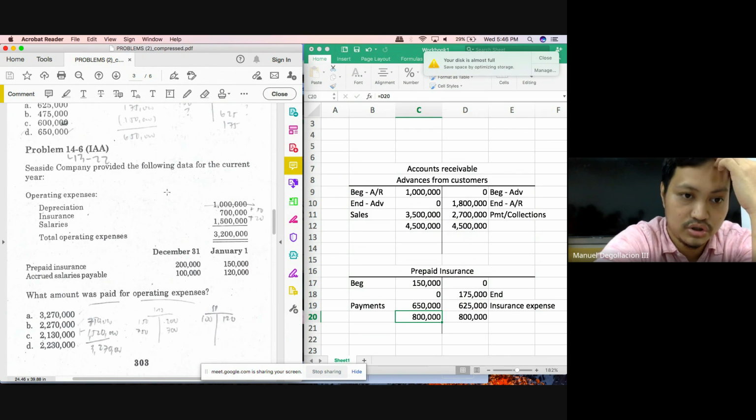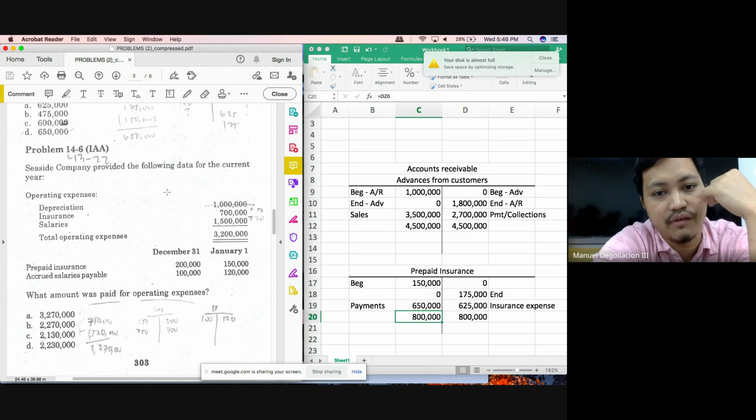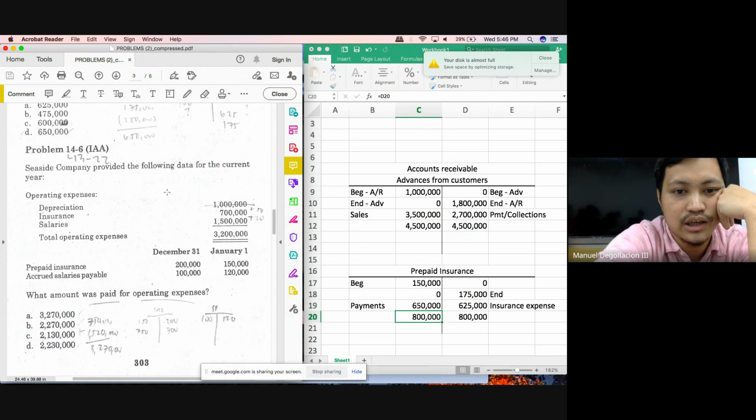How much? 20,000. So you add the 20,000. So 1,500,000 plus 20,000... do you get the 750, class? 750 plus 1,500,000, 20 will give you how much? 2,207,000.